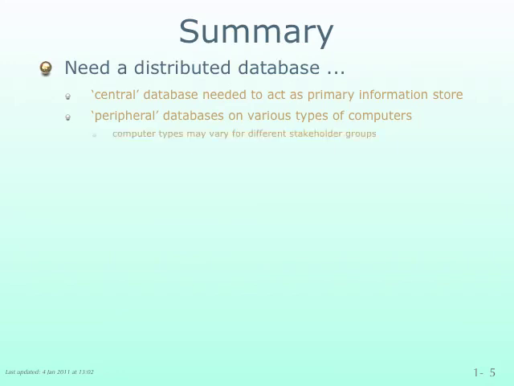The types of computer chosen for different stakeholder groups will depend on their needs. And each stakeholder will have access to a peripheral database that only contains data that is relevant to that individual stakeholder.